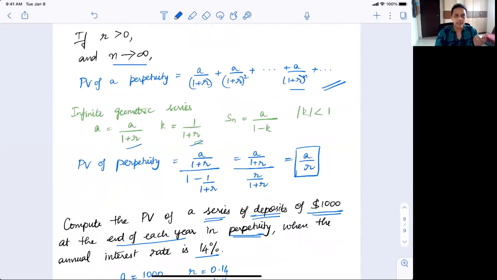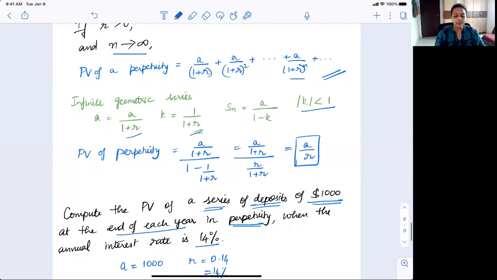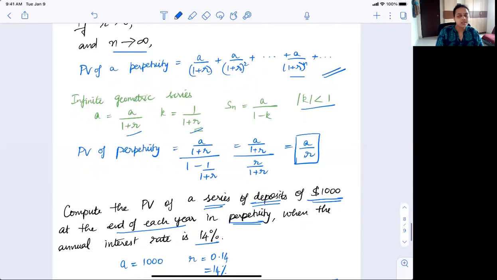Now r is a positive number, so 1 by 1 plus r is a fraction. So the absolute value of k is less than 1. So we can plug these into the formula to calculate the sum of an infinite geometric series where the absolute value of k is less than 1.